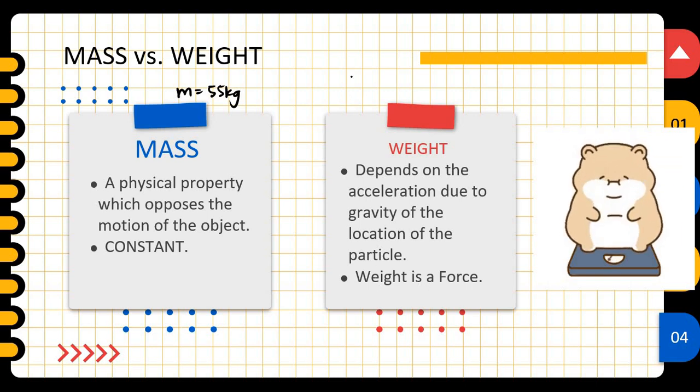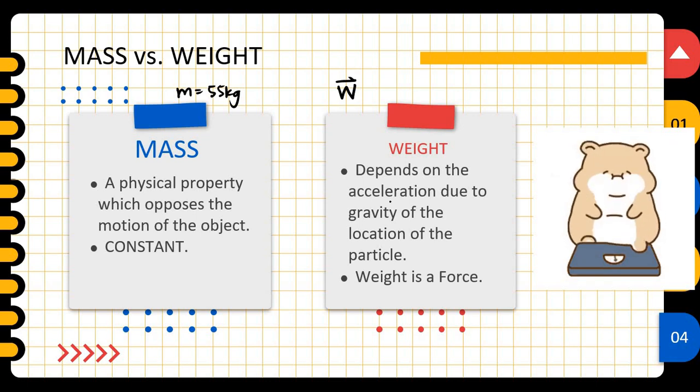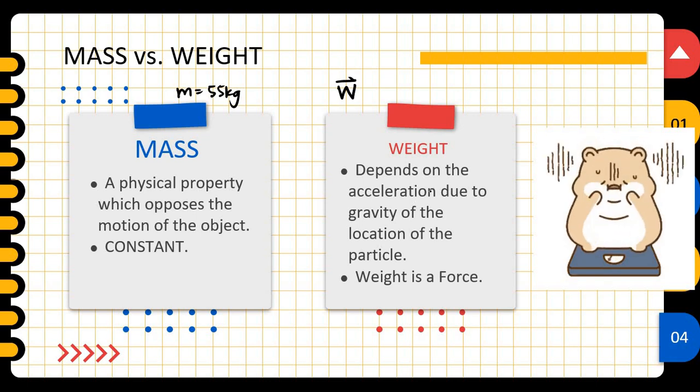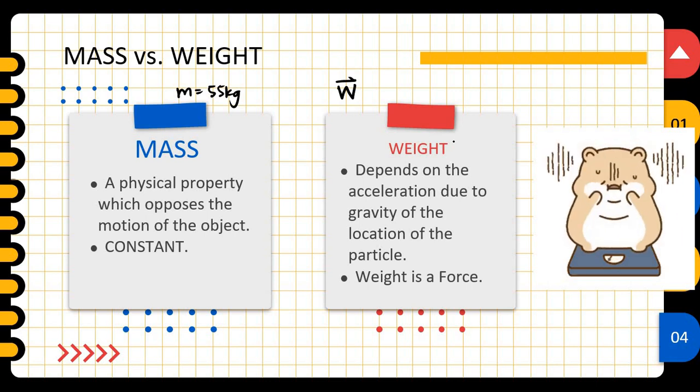So, by the way, weight's symbol is W, big letter W with an arrowhead. Since weight is a force, what subtype of forces can we consider the weight as a similar quantity?